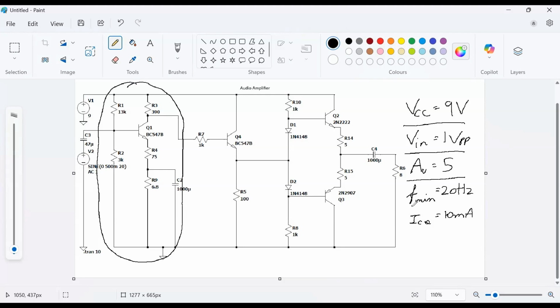And then the minimum frequency that we would be using is minimum audio frequency, which is 20 hertz. Then we have chosen a collector quiescent current of 10 milliamps. We want this to be low because we are using battery as a power source. So we want the current through the collector to be very less.